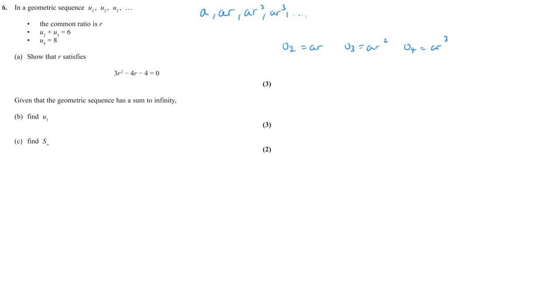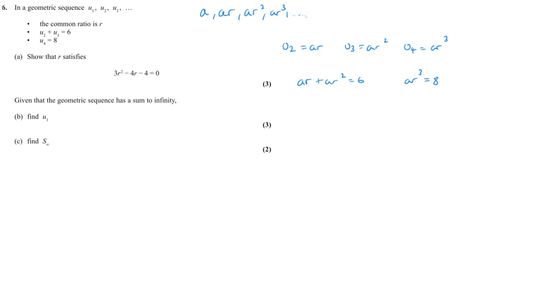So we've got 2 bits of information here. U2 plus U3 equals 6, so AR plus AR squared equals 6. And AR cubed equals 8.